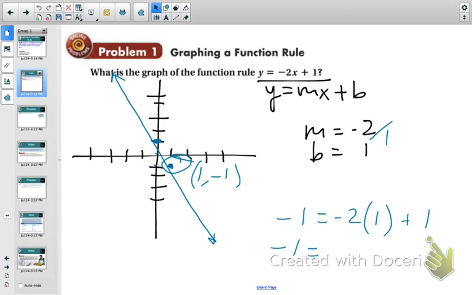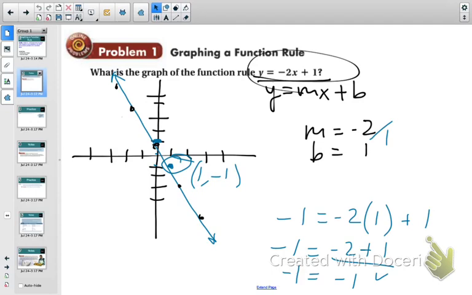So I get -1 equals -2 plus 1, and this comes out to be -1. So that is one of the solutions of that equation. Every point that falls on this line right here is going to be a solution to this equation. So that's how you can graph it by hand.